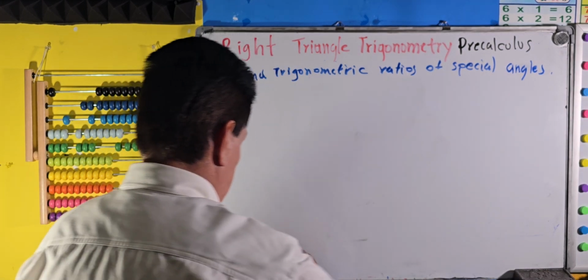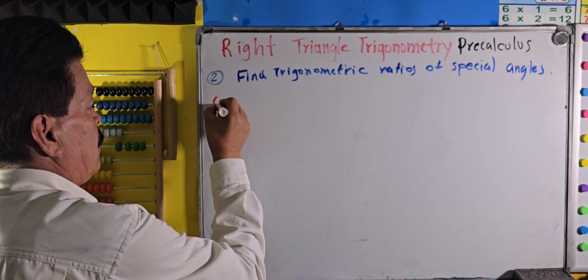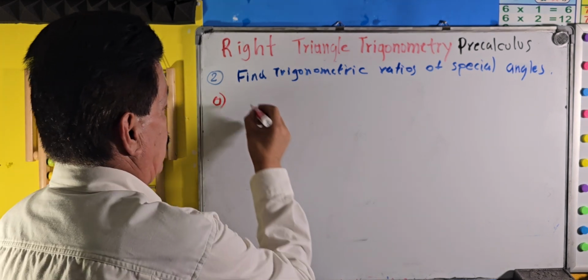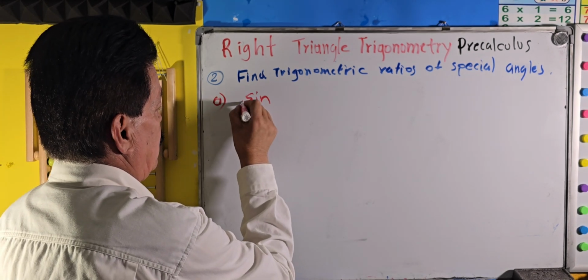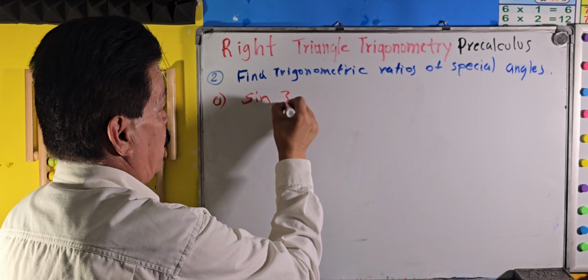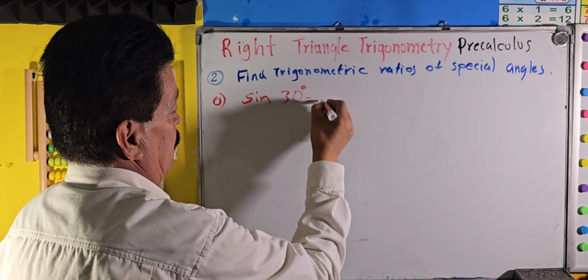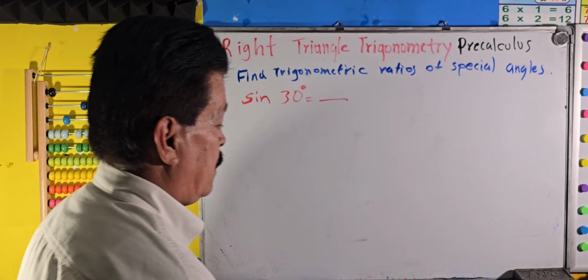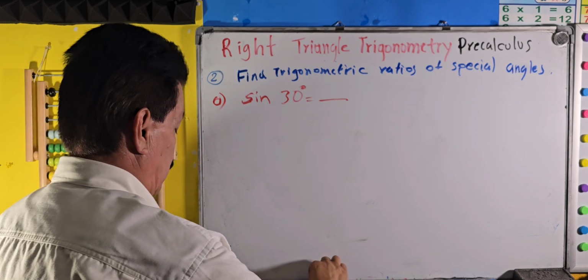Okay, our first problem, let's see. We have to find the sine of 30 degrees. Okay, what is the sine of 30 degrees?